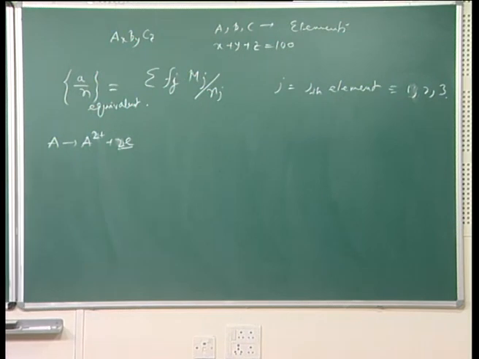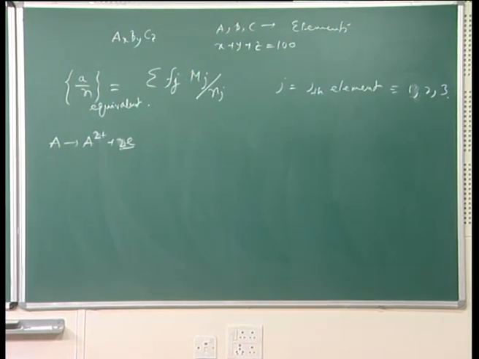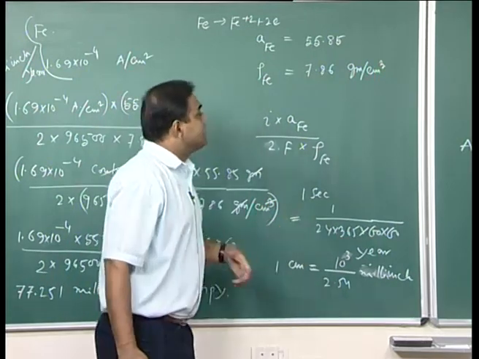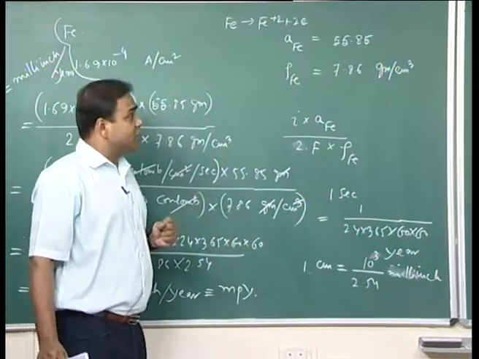Now, let us say you would like to find the expression of corrosion rate in the form of MPY. In that case you need to know the density.